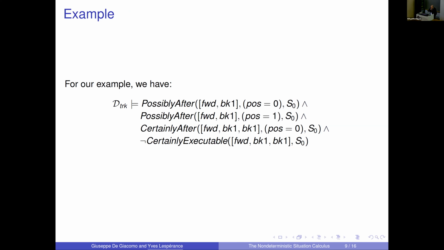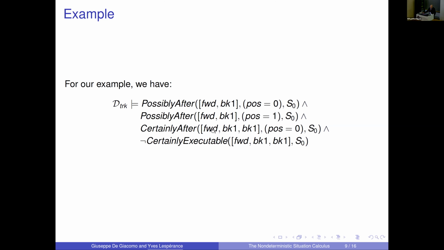To see how this applies to our example, the agent starts at position 0. If he does forward, he might move to 1 or 2, and then if he goes back by 1, possibly he's in position 0 after this, or possibly he's in position 1.